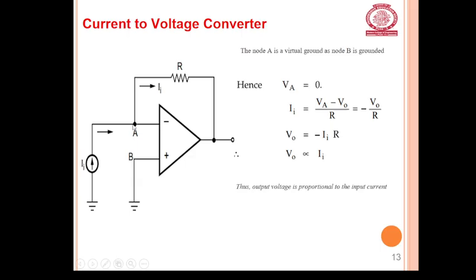Ii will be VA minus V0 by R, that is nothing but this current Ii. So it will be, minus V0 by R, since VA is 0. I can write V0 is equal to minus Ii into R. So it is nothing but the output voltage is proportional to the input current.